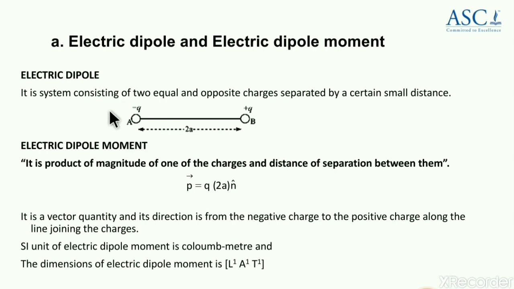So now what is the purpose of studying this electric dipole? See, in nature itself such electric dipole exists in the form of molecules. Say for example water molecule, HCl, hydrochloric acid, all these are actually electric dipoles. In these molecules, positive charges and negative charges, what you call as ions, are always separated by small distance, and the centers of positive and negative charges in these molecules never coincide.